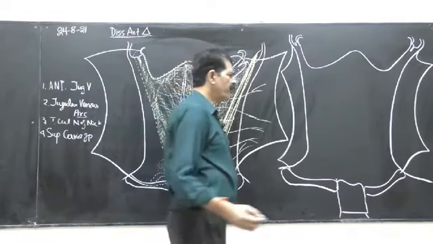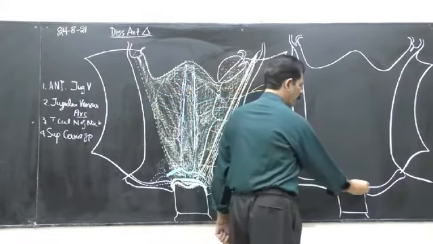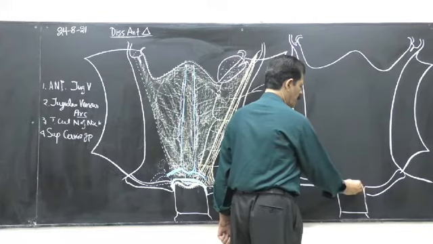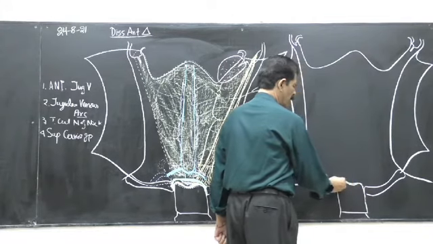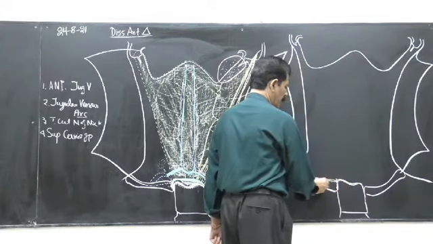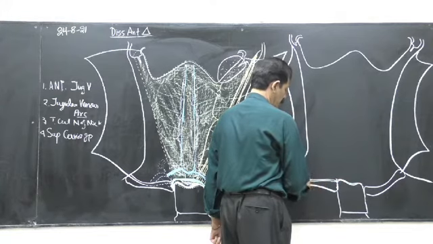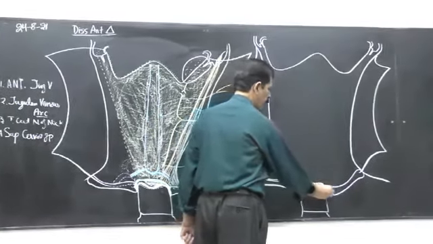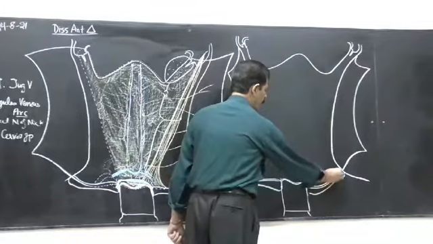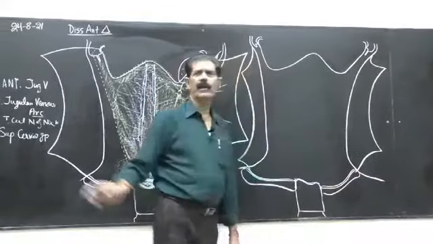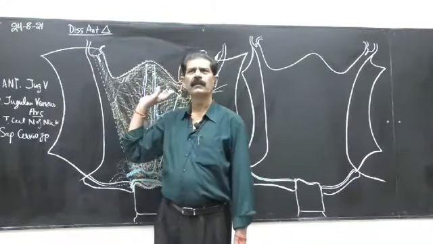Its attachment inferiorly is on the upper border of the sternal notch, laterally attached to the superior border of the clavicle. That attachment we will see in the dissection part after removal of everything after study.